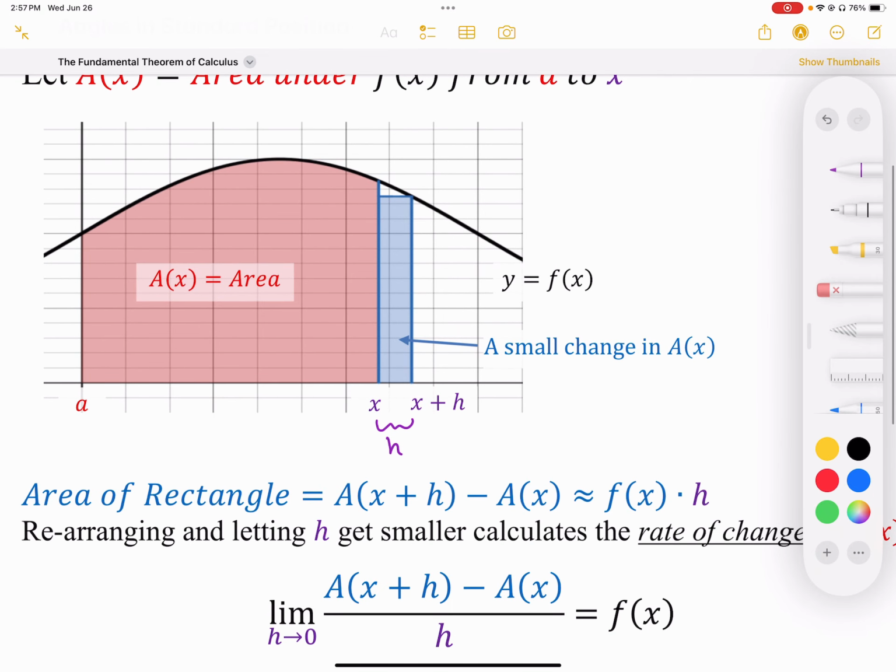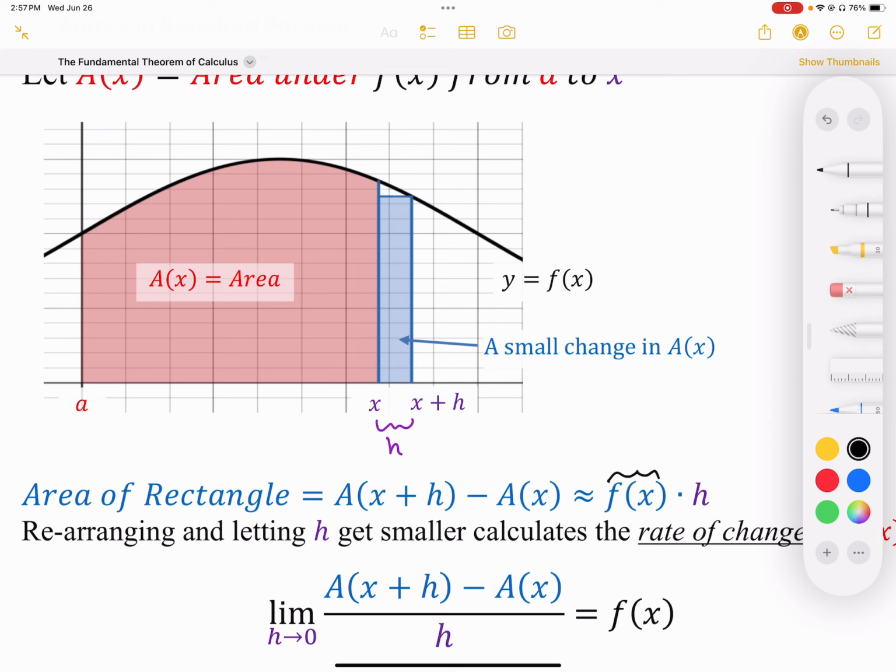So the area of the rectangle is going to be calculated by A of x plus h minus A of x. And that's going to give us approximately that blue area. And that blue area can be found by taking the height of that rectangle, which is our f of x, and then multiplying it by the width of that rectangle, which is h.